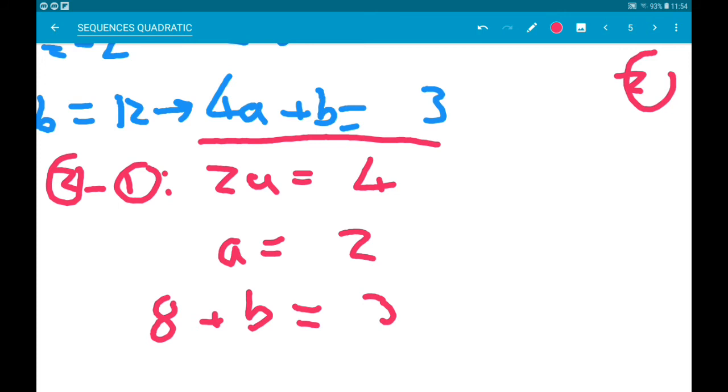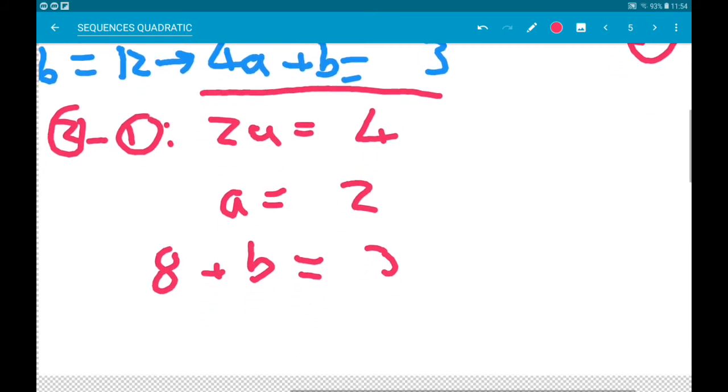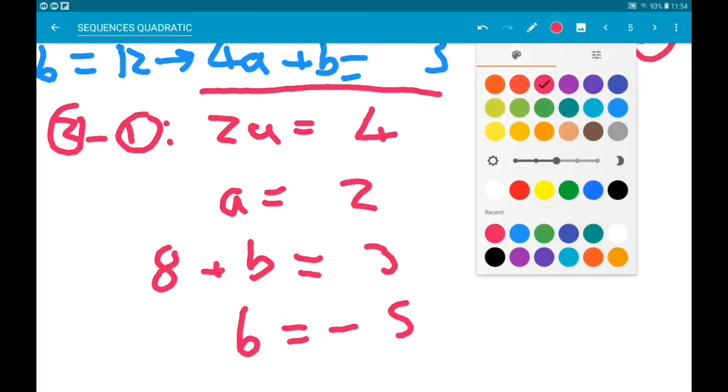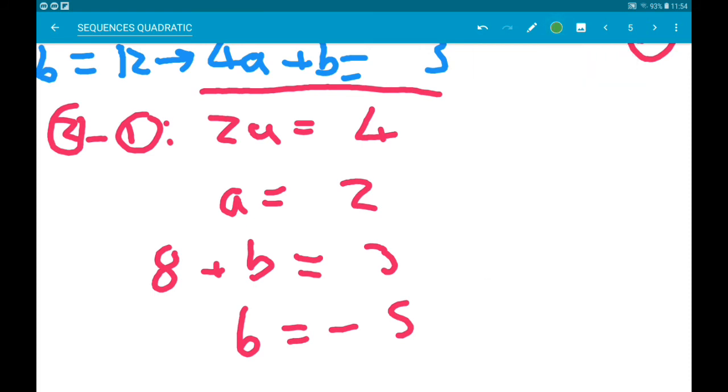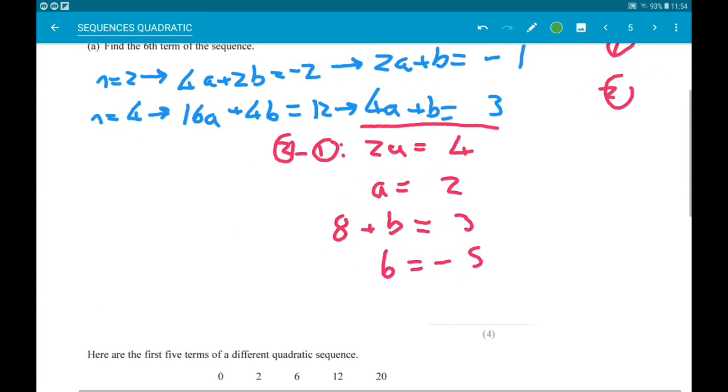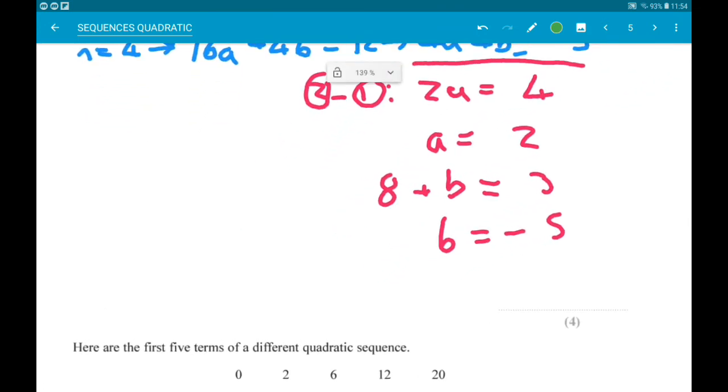So take away the 8, we get b is minus 5. Okay, so what we now know is 2n squared minus 5n.